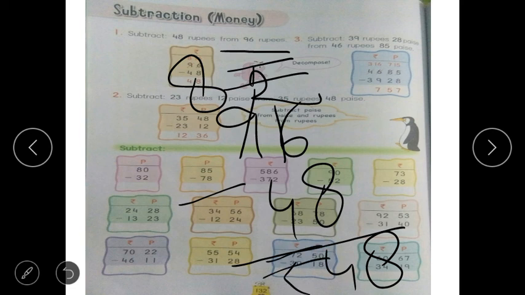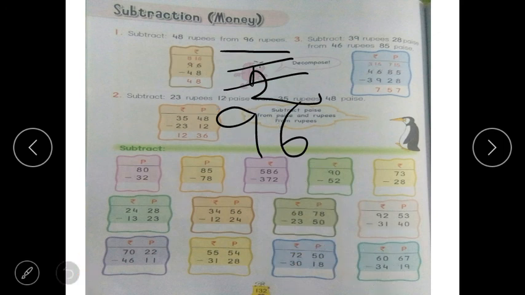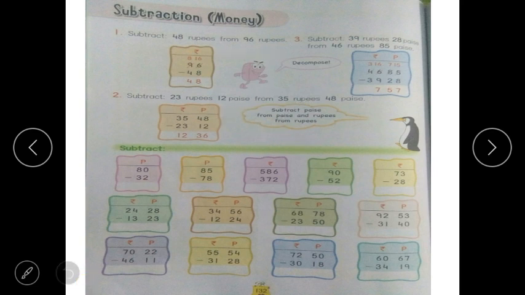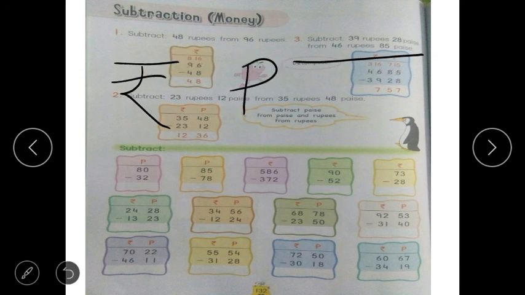Okay. If two things are together, like subtract 39 rupees and 28 paisa from 46 rupees and 85 paisa. So you have to make two columns, rupees and paisa, because in this question both are given. One column for rupees, the other column for paisa. From the number which is given after 'from', you have to write that on top. 46 rupees and 85 paisa.